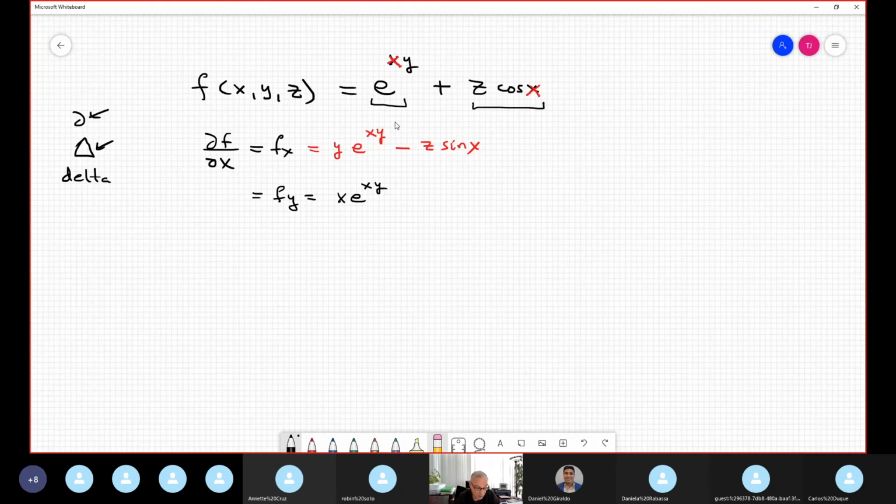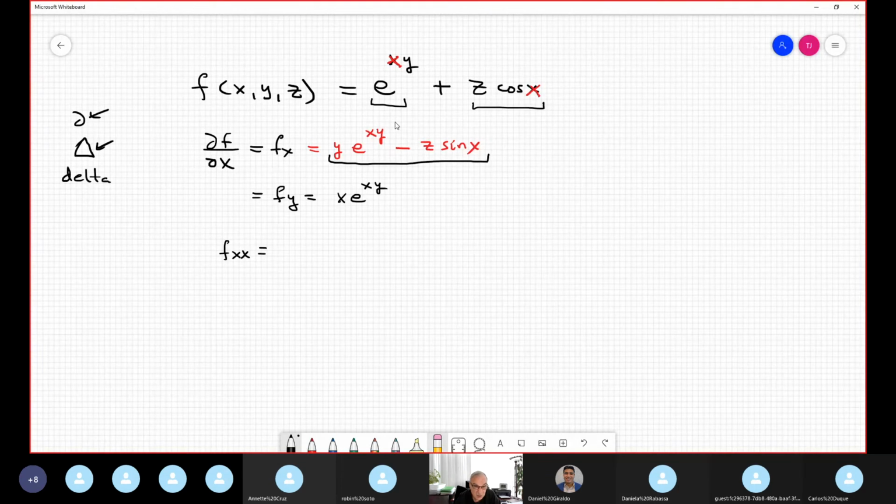Okay, let's complicate your life using second derivative. So we compute the derivative x and x again. So you differentiate the first time with respect to x. I did that. It was this expression. Now all over this expression, I differentiate again with respect to x.